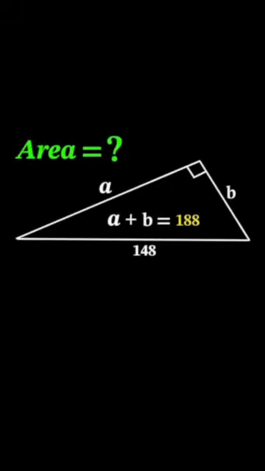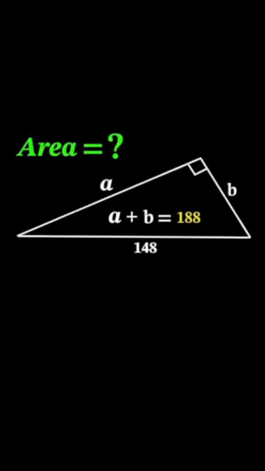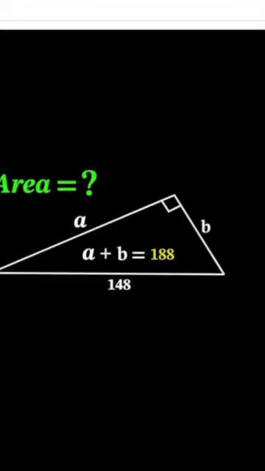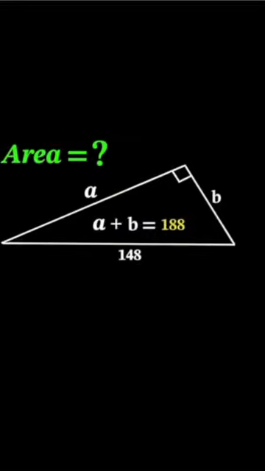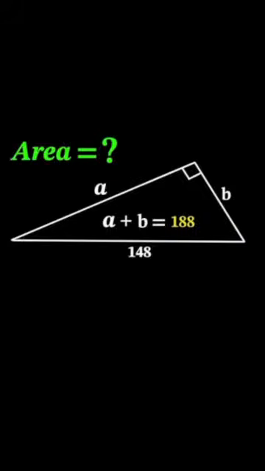A, B are the side lengths. 148 is the hypotenuse. 8836 is not the right answer.